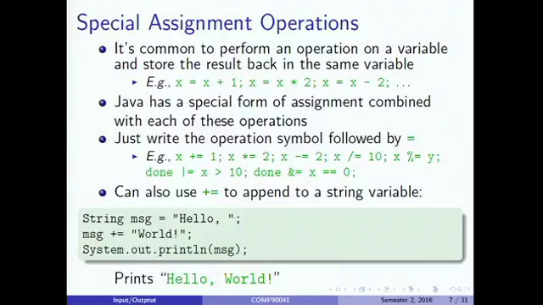All right, so we saw we use equal for assignment. Java throws in some handy convenience operations because it turns out that you write things like x equals x plus 1 all the time, x equals x times 2, that kind of thing. That just shows up over and over again in your coding. And so Java gives you a nice little shortcut.